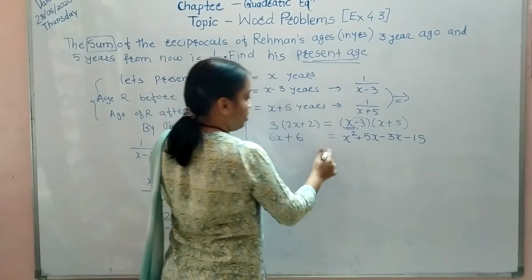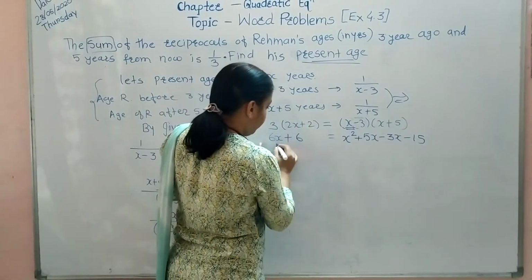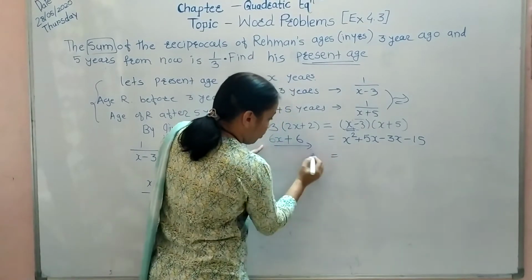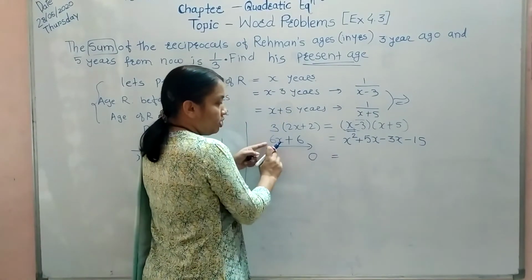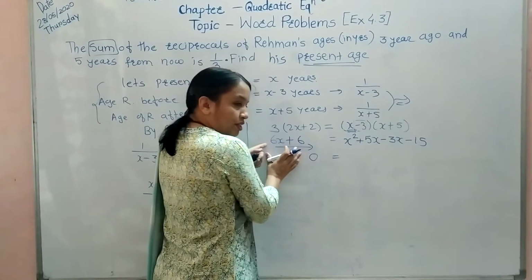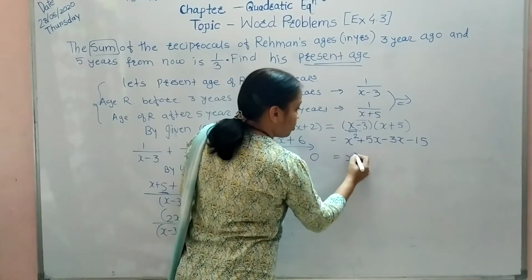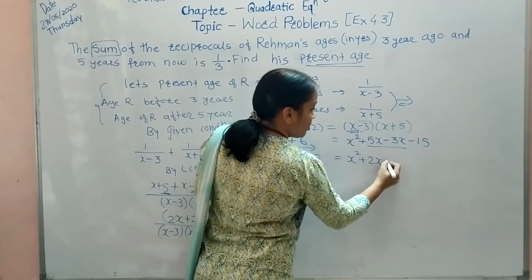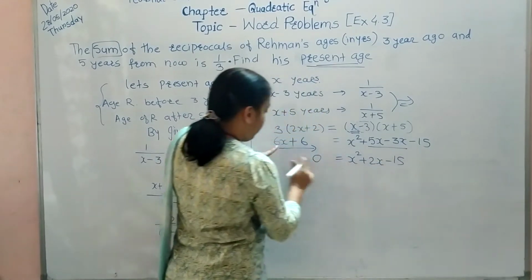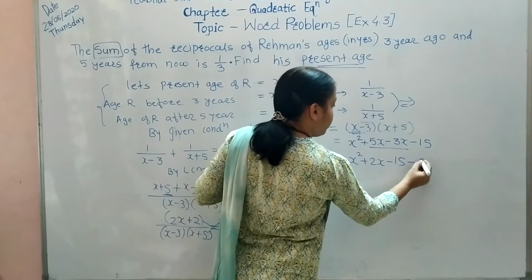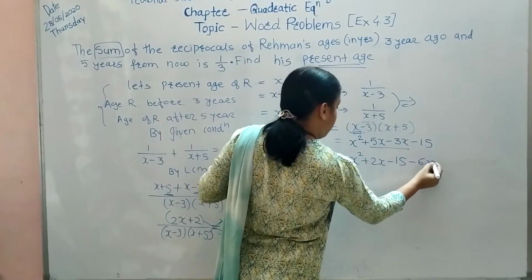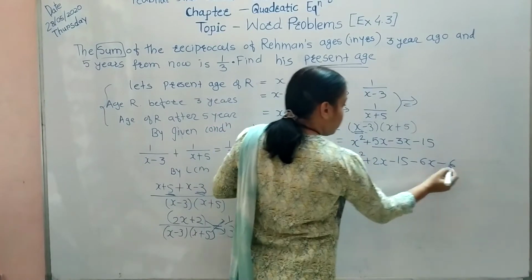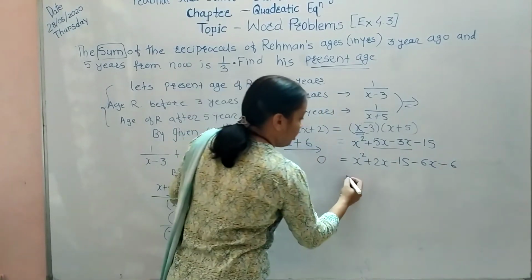Now, rearranging the equation, take all things to this side. Here 0 will remain, because everything is in addition, so we subtract x square. Here first solve this: plus 2x minus 15, and minus 6x, then minus 6. I am transferring both the terms at a time.